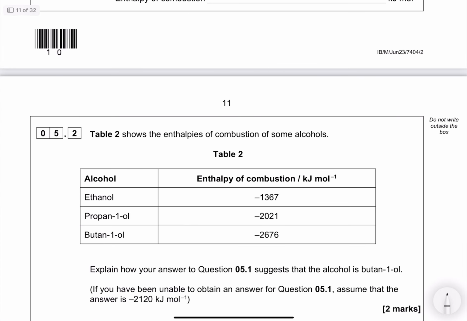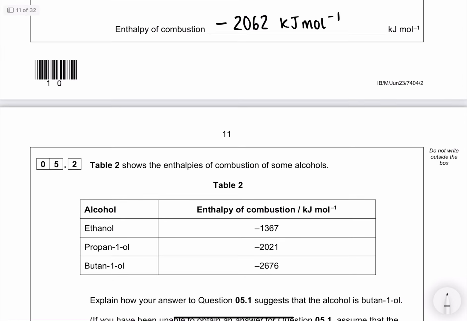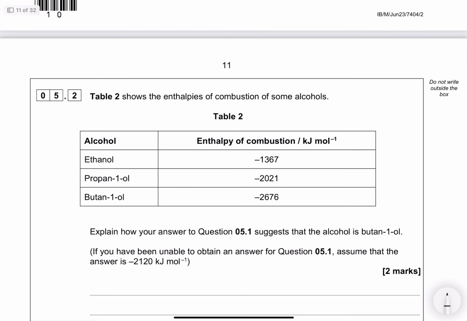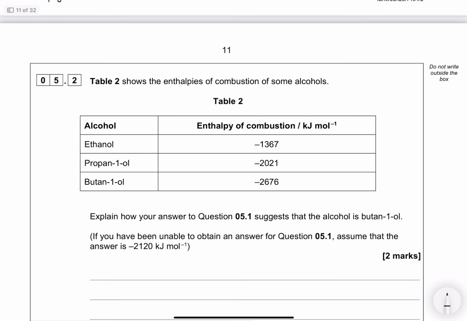Table 2 shows the enthalpies of combustion of some alcohols. Explain how your answer suggests the alcohol is butan-1-ol. So we're looking at the number, and our number is actually closer to propan-1-ol's, but it's bigger than propan-1-ol's in size. It's more negative. Why is it not as big as butan-1-ol's, and yet it tells us it's butan-1-ol?